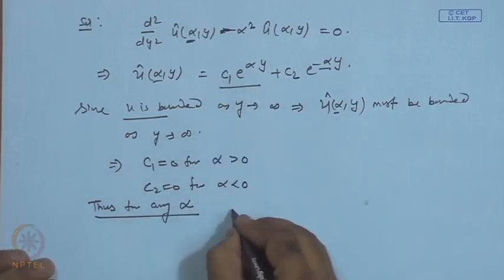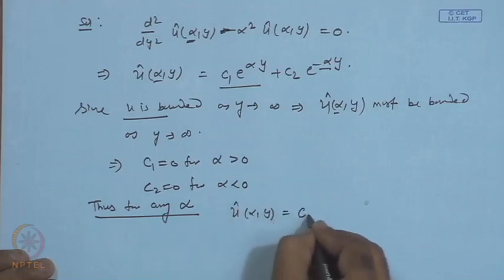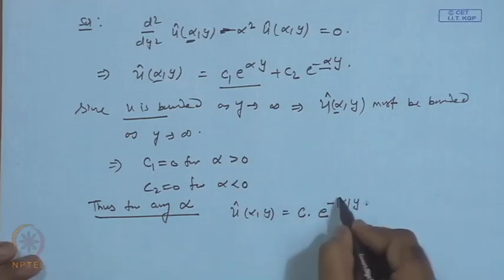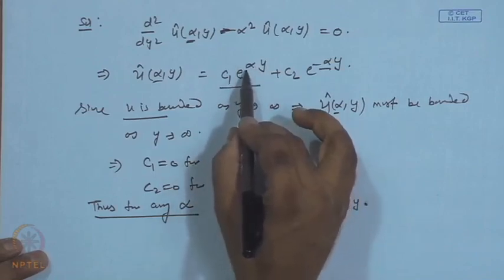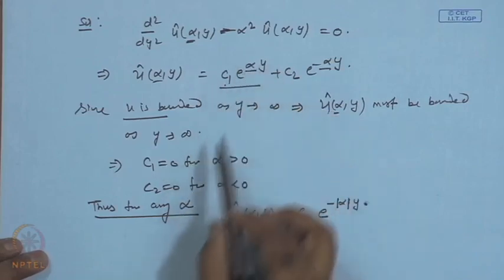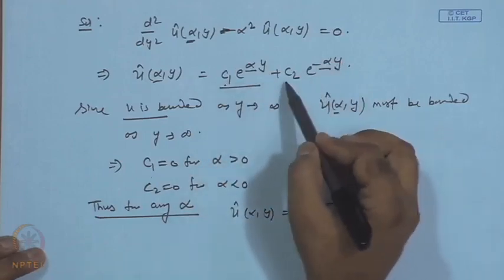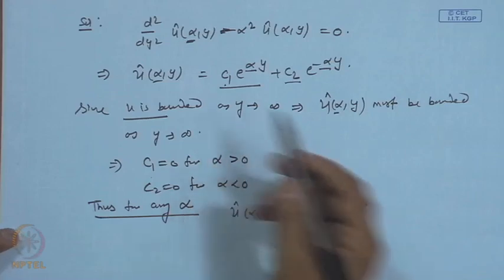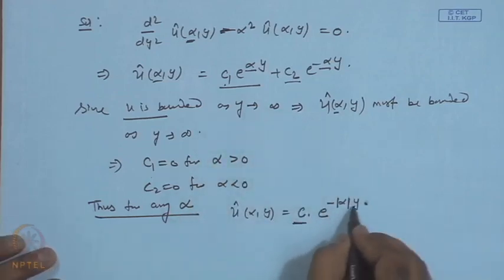So, for this boundedness, in any case, for any α we can eliminate one constant, because we are anyway getting some constant times e^(−|α|y). We cannot keep both, because c1 will be 0 if α is positive, and if α is negative, c2 will be 0. So, what we have is some constant c and e^(−|α|y).